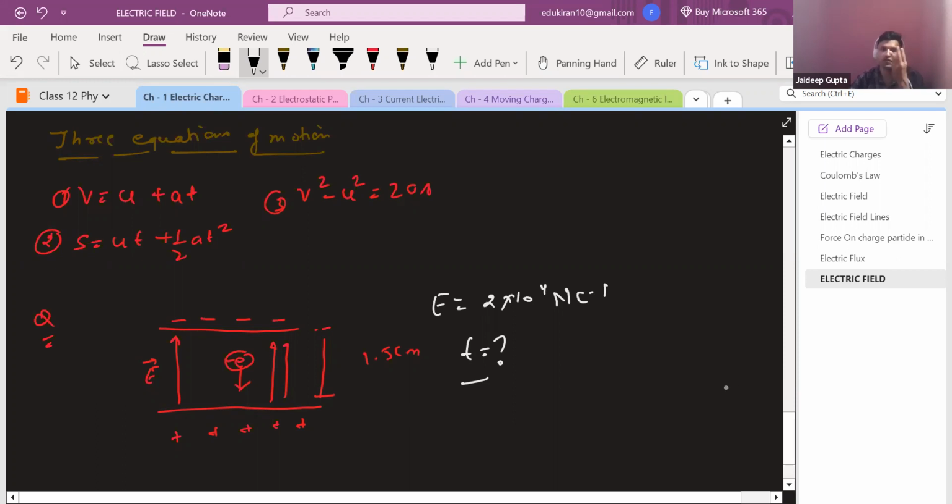Take your time, 3 minutes. You have to use one of the equations from these three equations. Fine, use and let me know the answer fast.